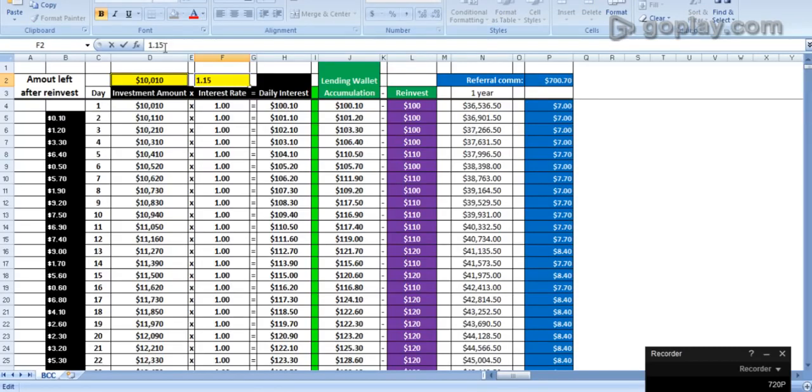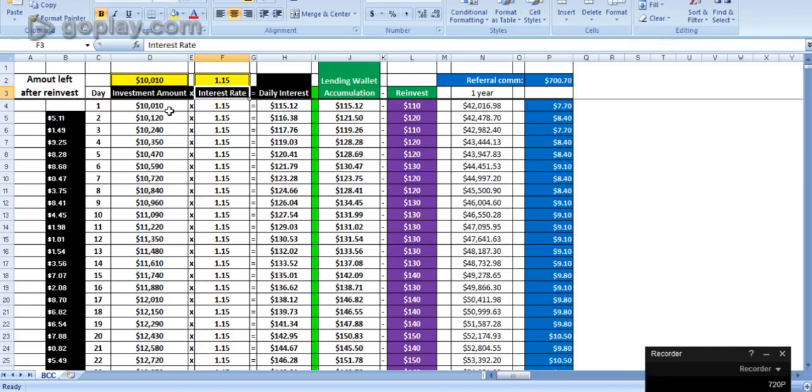Now this one gets ridiculous how much money you make if you get in at this level. I mean, you skip years of the other one. You're already starting out. You put in your 10,010, you're immediately making daily interest of $115.12.